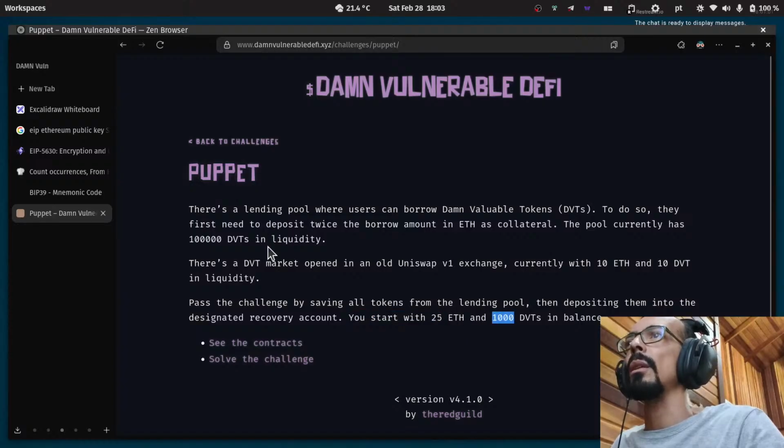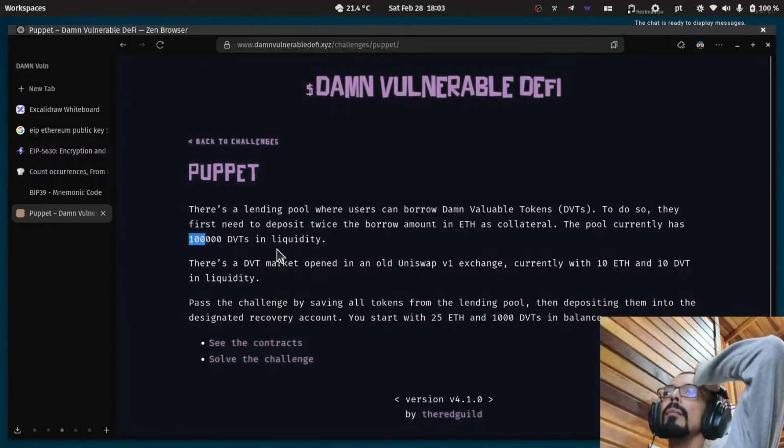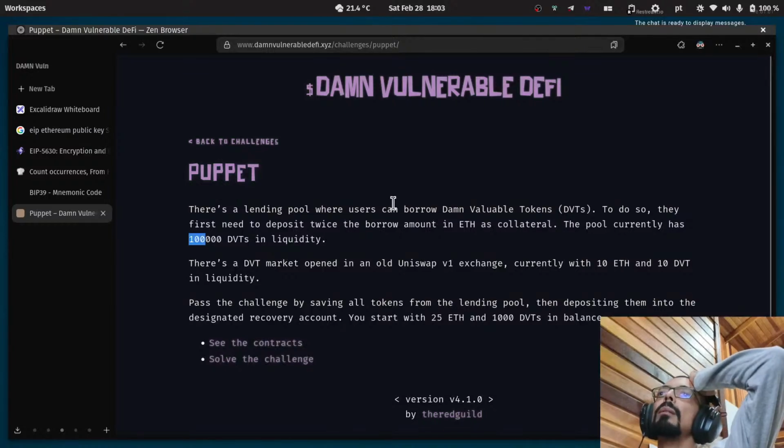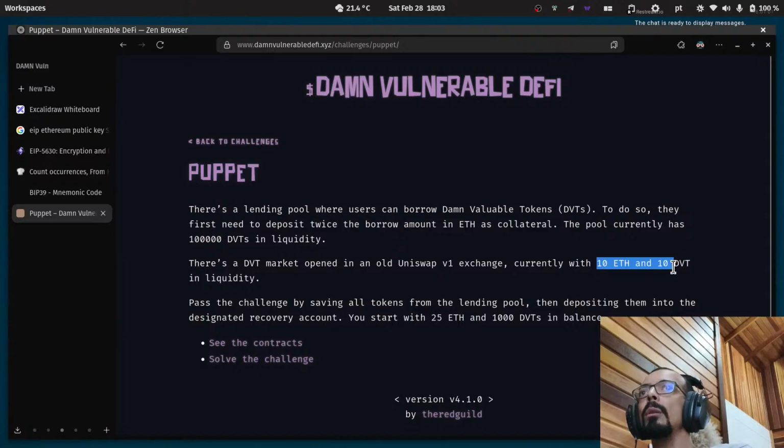Okay, I need to save all tokens from the lending pool. So I need to save that token. So it means something like 1 Ethereum is equal to 1 DVT, right?